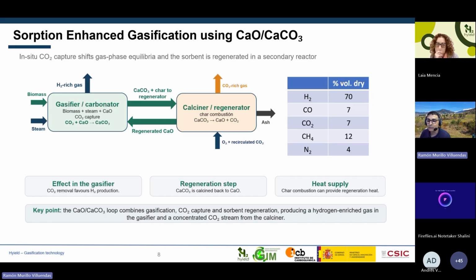The carbonated sorbent, together with the char and bed material, is then transferred to the calciner or regenerator. In this reactor, calcium carbonate is calcined back to calcium oxide, releasing a concentrated CO2 stream and regenerating the sorbent for recirculation to the gasifier.